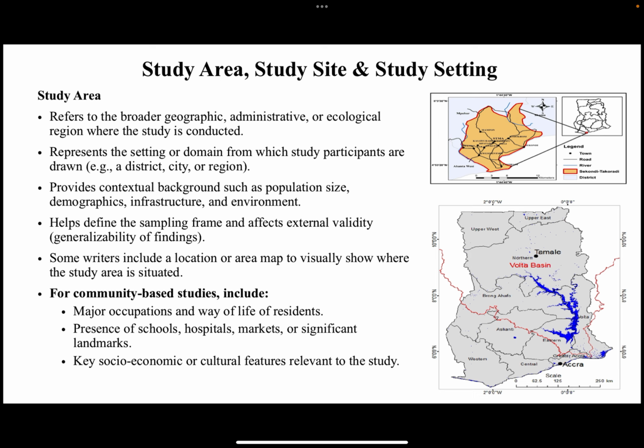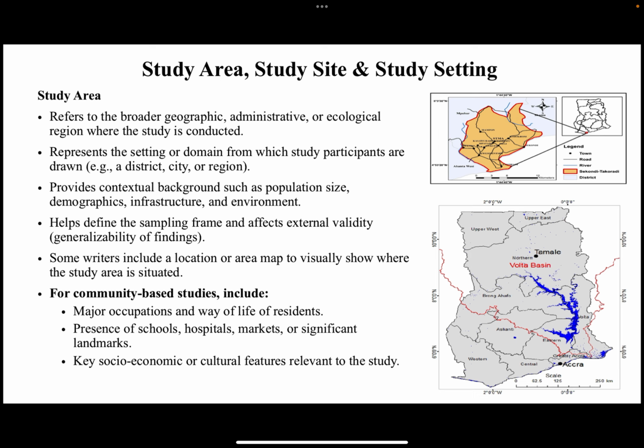Then the next thing, this study will employ a descriptive cross-sectional design using a quantitative approach to data collection to assess the knowledge of nurses regarding infection prevention and control at Mamprobi District Hospital.